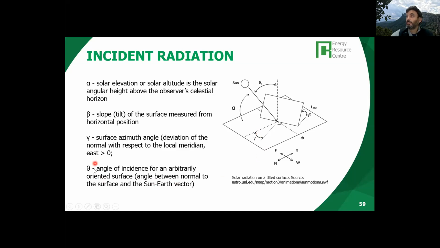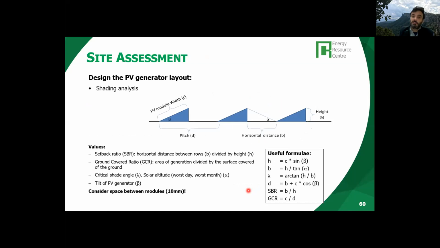And this theta angle is the complementary to the alpha for the normal angle with the flat surface, with the ground. This is important to design, to anticipate the necessary distance we need to space our PV panels from one row to the next, to avoid the shading from one panel to the next one.